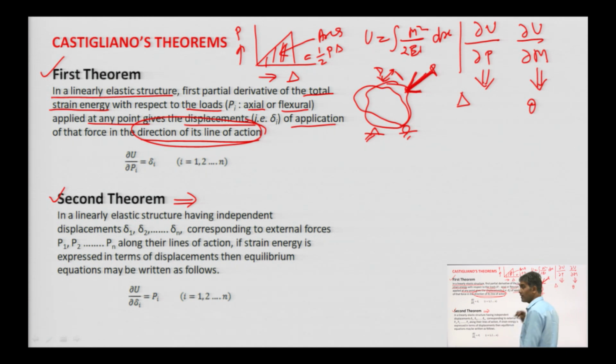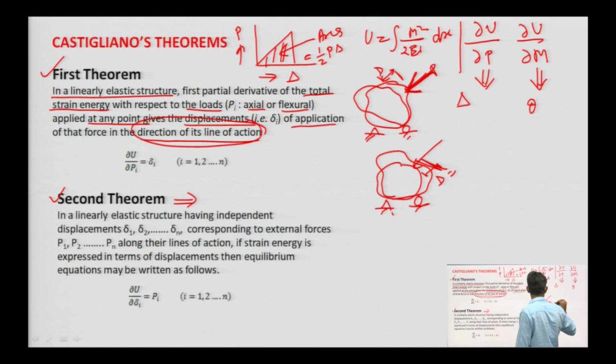If the calculated value is negative, then it means the displacement is opposite to the force. In this case it will be positive, and if with the application of this load the position is as drawn, then delta will be negative.